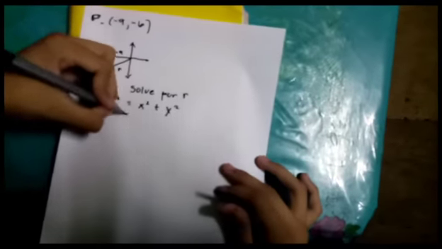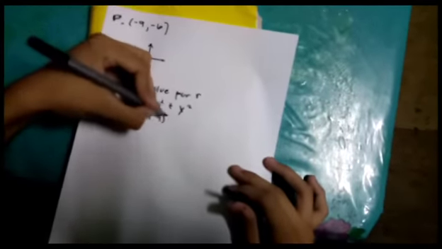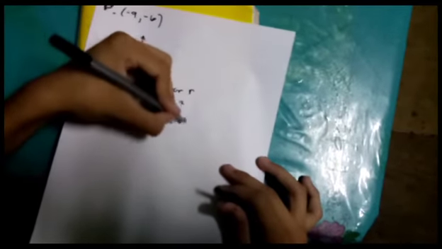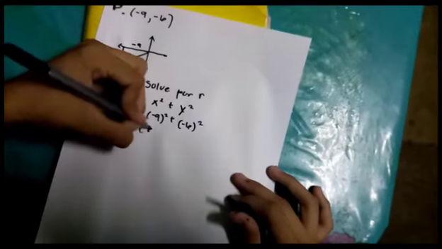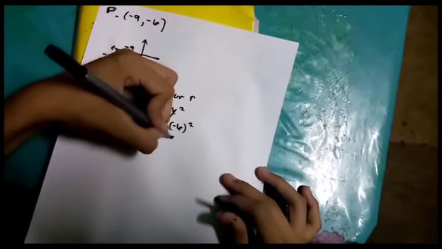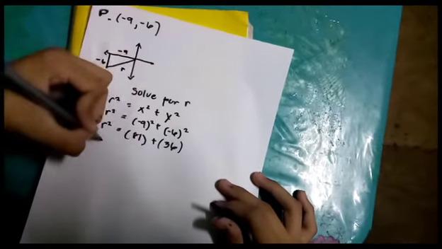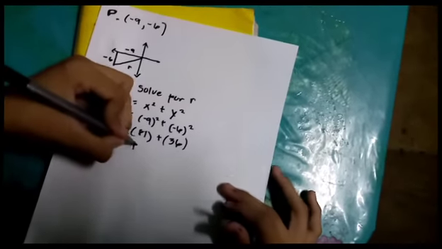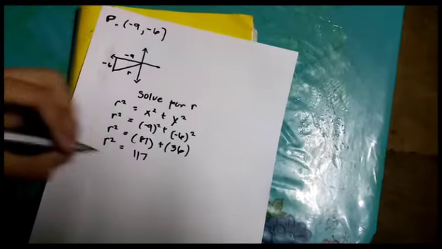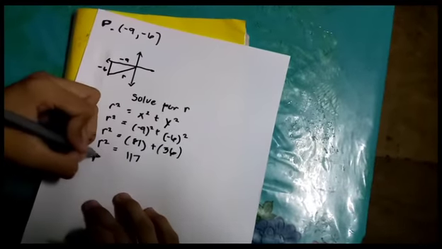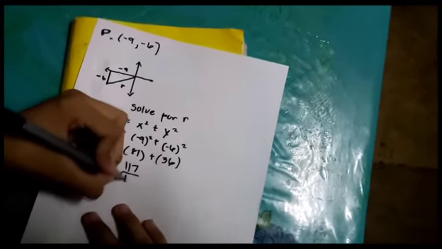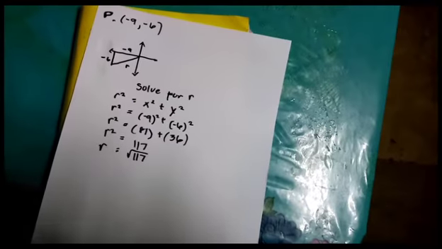Substitute the values. Square them. Add the two terms. And we're going to take the square root of both sides so we can get rid of the exponent here. It becomes r, and this becomes the square root of 117.